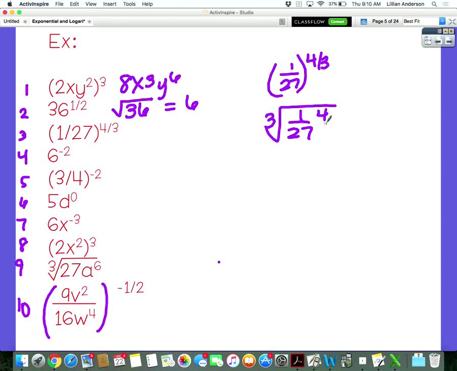You could do 27 to the 4th power and have 1 over whatever that number is, and then take the cube root. Or take the cube root and then apply the exponent. What's the cube root of 1 over 27? 1 over 3. So if you raise that to the fourth power, it should be 1 over 81. So that's number 3.